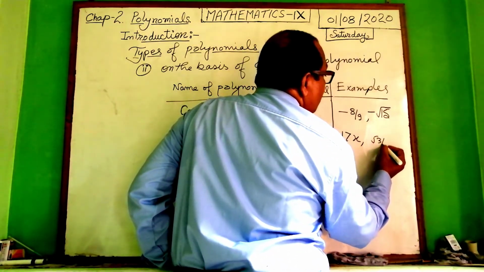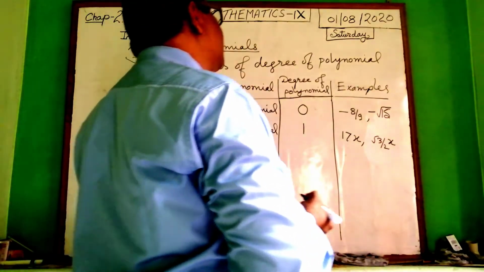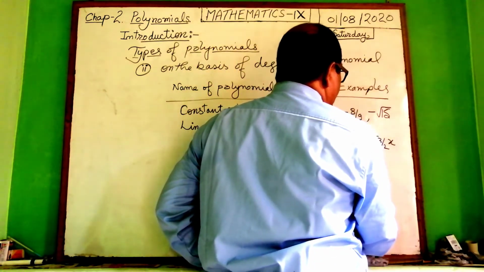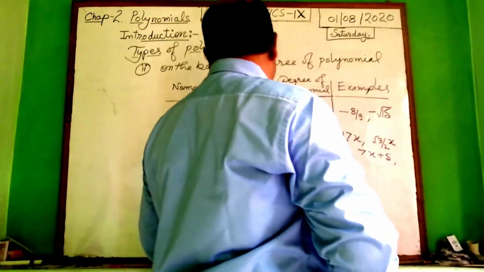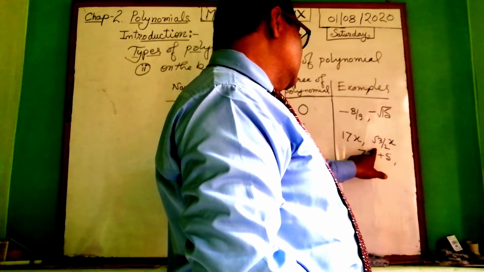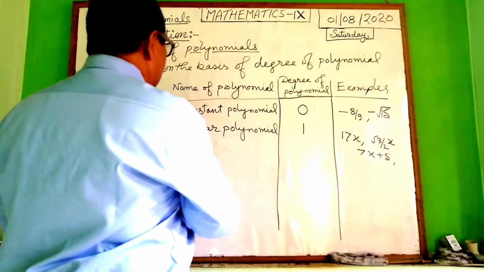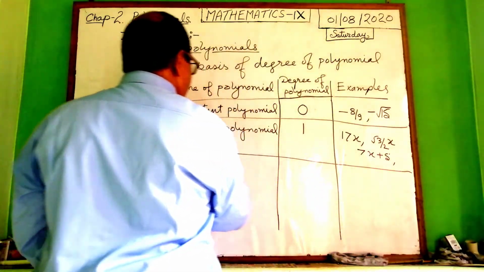Root 3 upon 2x, you can see here the degree is 1. Or you may write 7x plus 5. This polynomial also has degree 1, so it is also called a linear polynomial. So these are examples of linear polynomials.